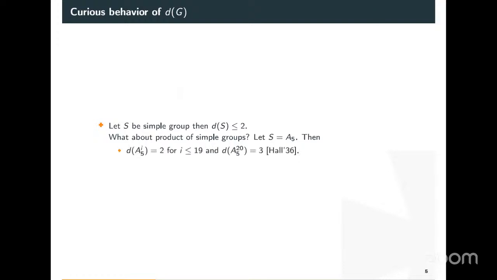It is known that if you take the direct power of A5, 19 times, its d value is still 2. If you take the 20th power, its d value will increase just by 1. Even more surprising, even if you take a very large power of A5, the d value will increase just by 3, so it's now 5.